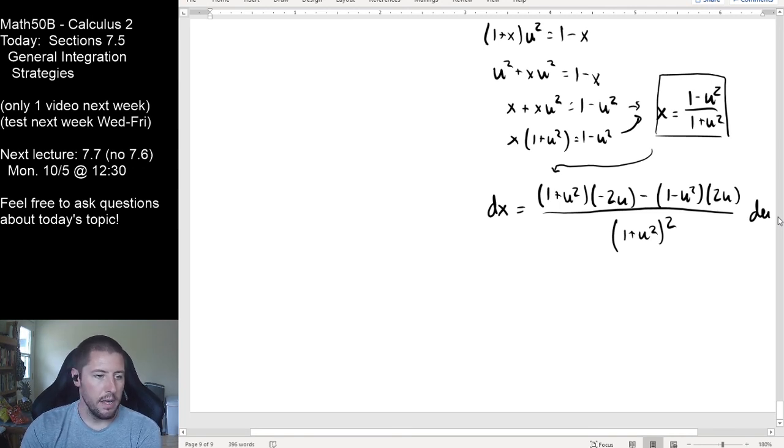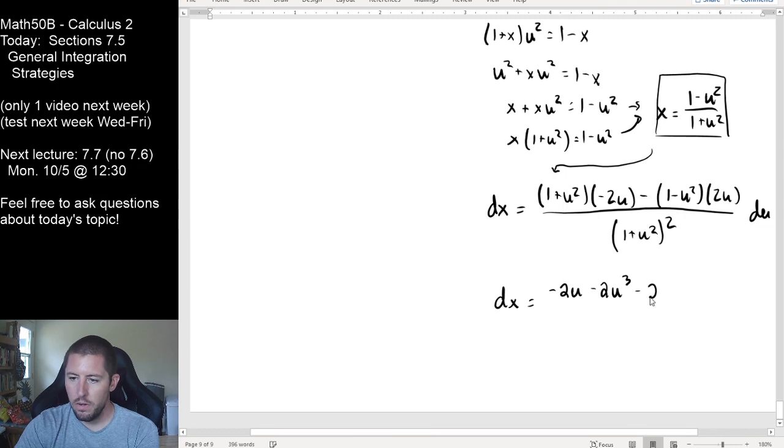Again, I'm going to say this for the billionth time: is this useful to me? I have no idea yet, but we're going to keep going and try to find out. Certainly, I want to simplify this before I stick it back into my integral expression. I'm going to distribute the 2u across this group, and I get negative 2u minus 2u cubed minus 2u, making sure I distribute this negative as well.